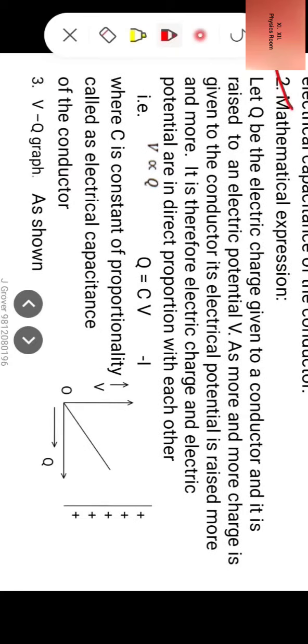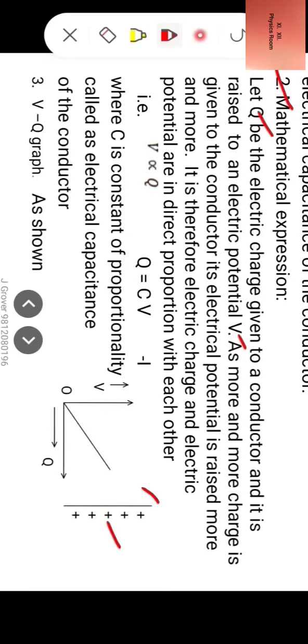Mathematical expression. Let Q be the electric charge given to a conductor and it is raised to an electric potential V. As more and more charge is given to the conductor, its electrical potential is raised more and more.